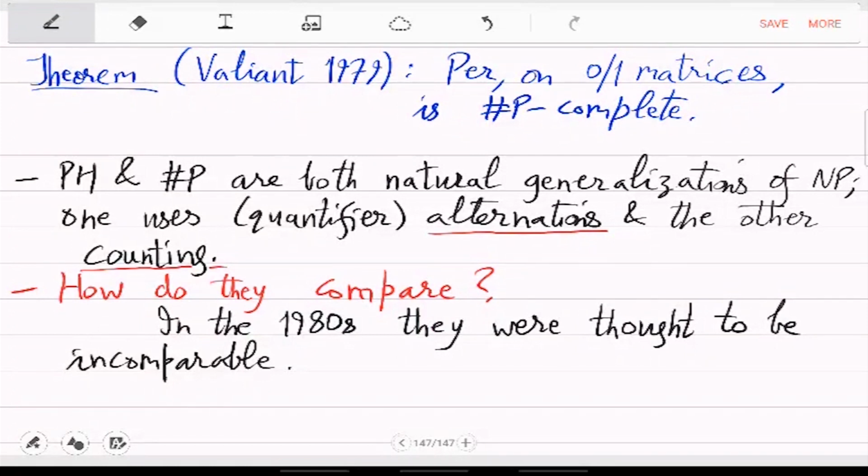So, we do not know how to convert, it is not very clear whether for all can be reduced to counting as well, and then there exists for all, whether that can be reduced to counting. So, they were thought to be incomparable. So, it was surprising when they were shown to be tightly related.